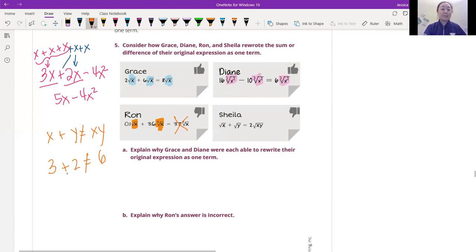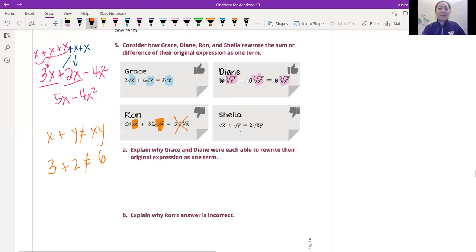You don't multiply the two numbers, you add them. Same thing here. If we're adding them, we don't magically just multiply them together. Math is not magical. It can seem magical sometimes, but there's no just magically putting them together. There's math behind it, and we don't just randomly put things together just to put them together.